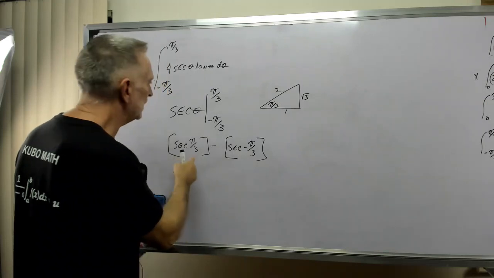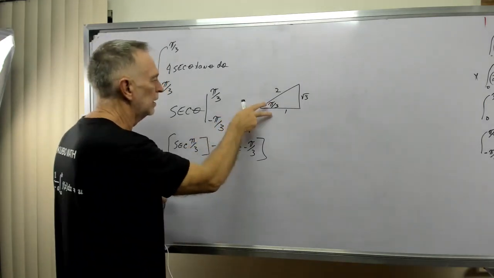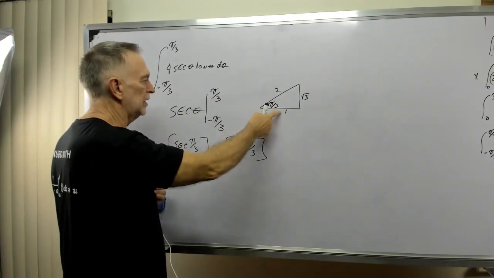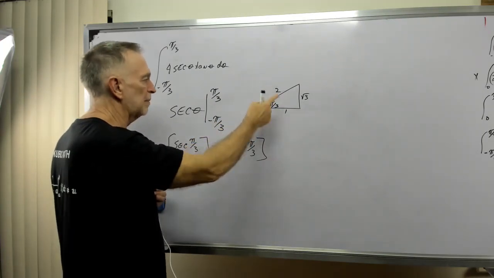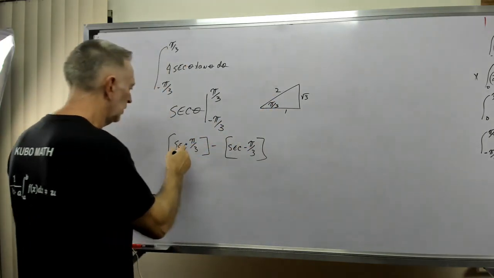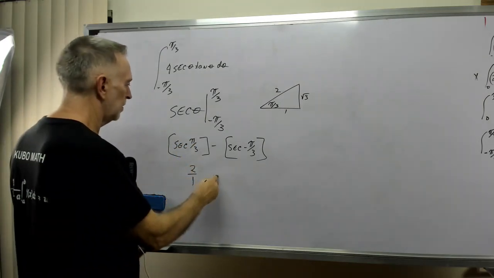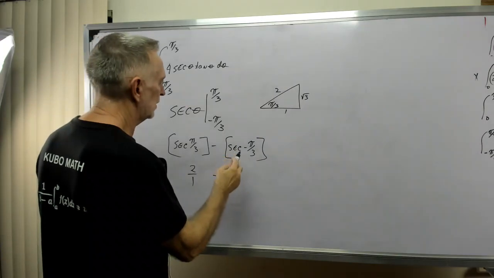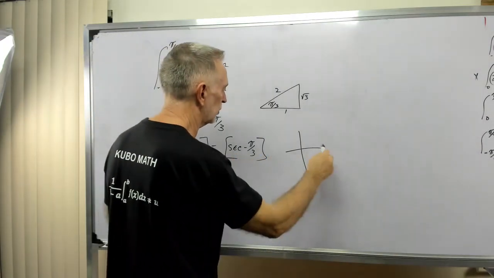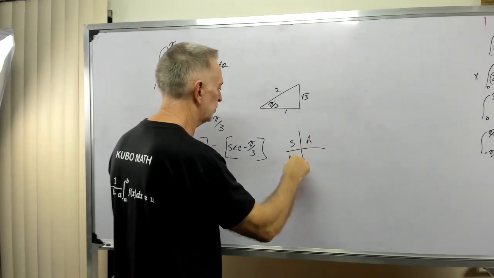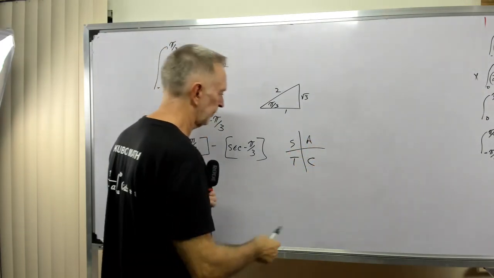All right, so secant of pi over 3, instead of cosine, it's the opposite. It's not adjacent over hypotenuse, it's hypotenuse over adjacent. So the secant of pi over 3 is 2 over 1. Minus, now, you know on the unit circle, you have 4 quadrants. All students take calculus.